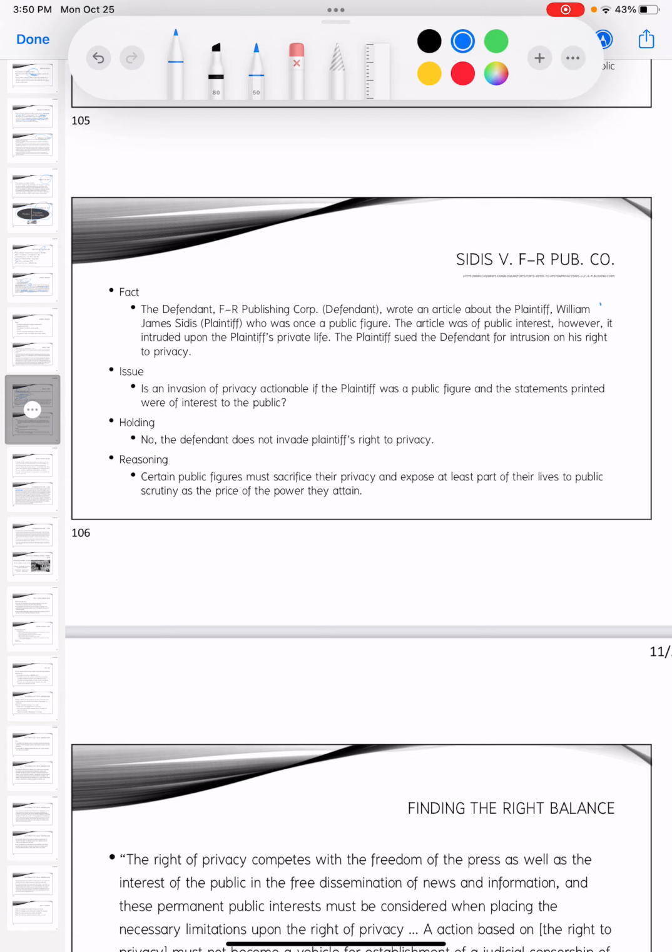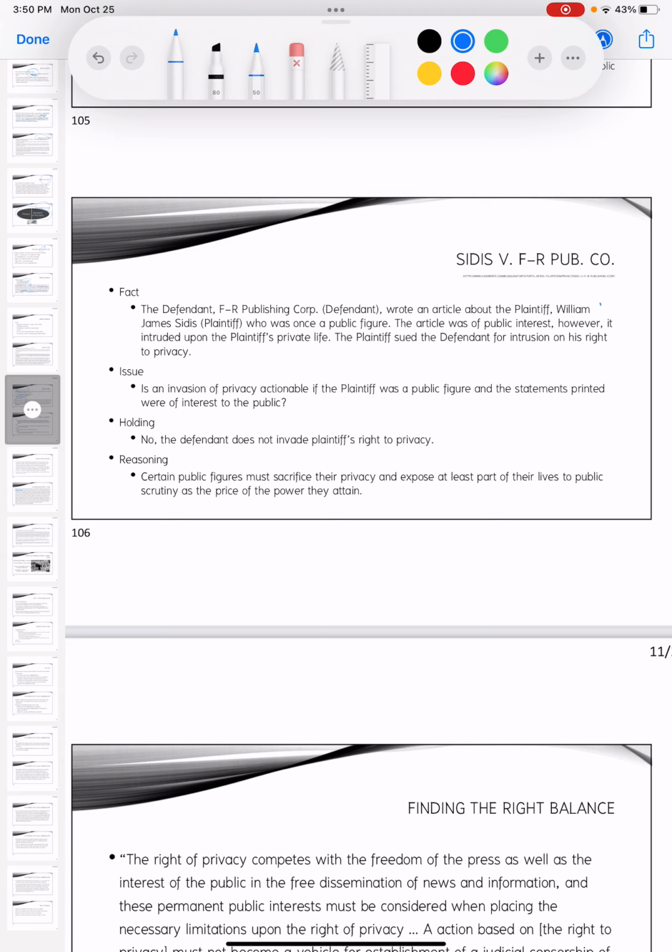However, he lost the case, okay? He lost because the court's reasoning is that the publication of Siddhi's life would provide a lesson for the public to learn from.